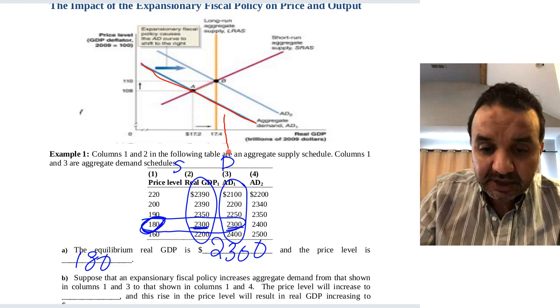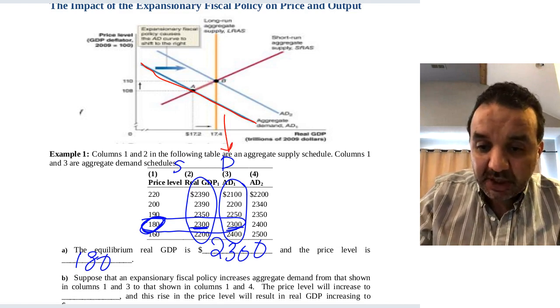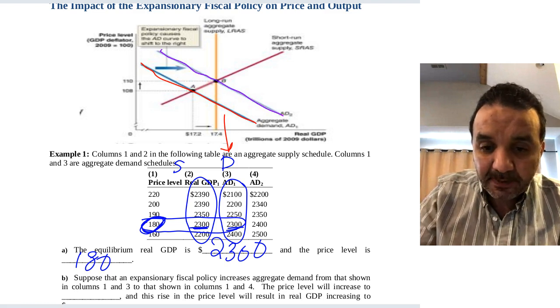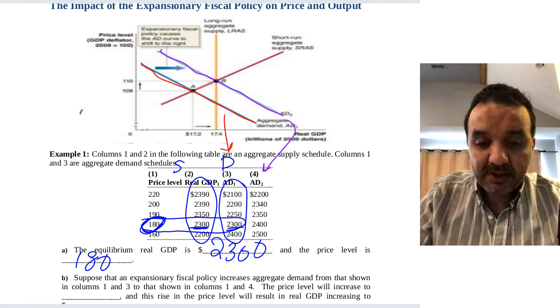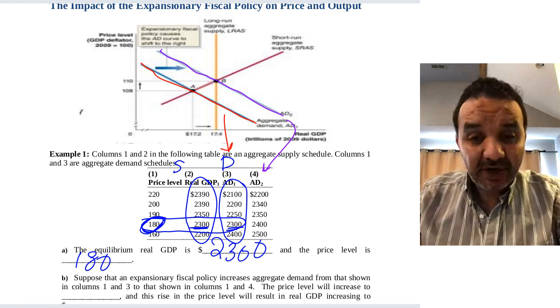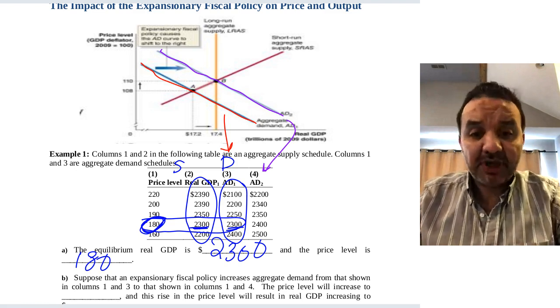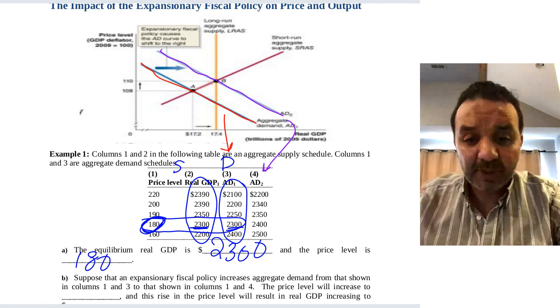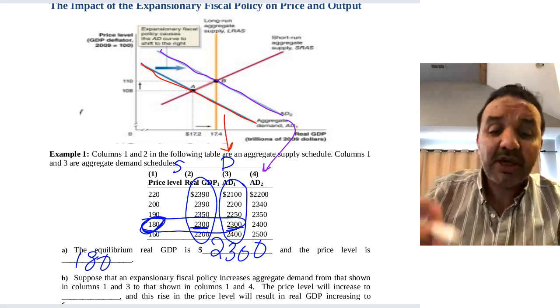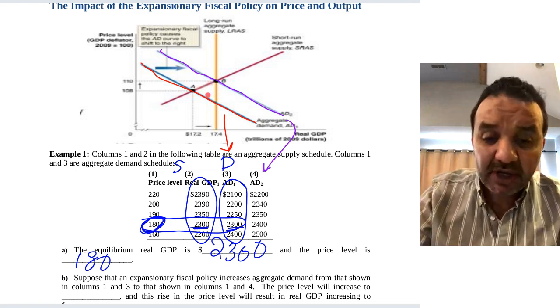Let's say this is AD1, and let's say this is AD2, which is this column. If the fiscal policy is effective, people will pay less taxes and the government will spend more, so people have more money to spend, increasing consumption, investment, and government spending. So the aggregate demand is supposed to shift to the right.